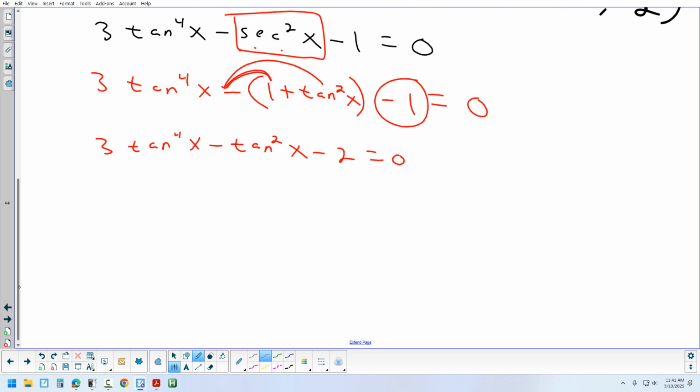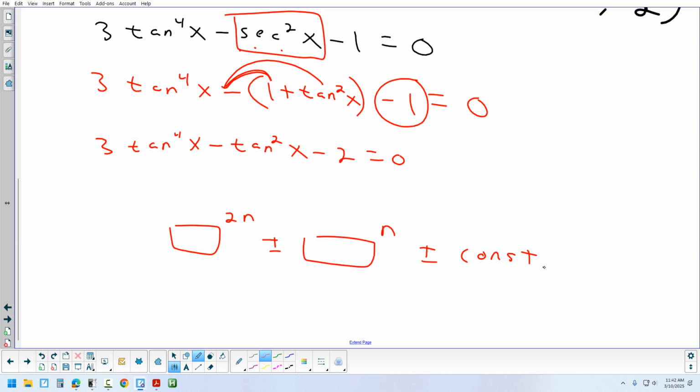Now, that one doesn't look like a quadratic, but it is. You can factor it just like it's a quadratic. Whenever you have something raised to a power that's been doubled, plus or minus the same thing in that box raised to half that power, and then at the end you have plus or minus a constant, that is a quadratic type of problem.